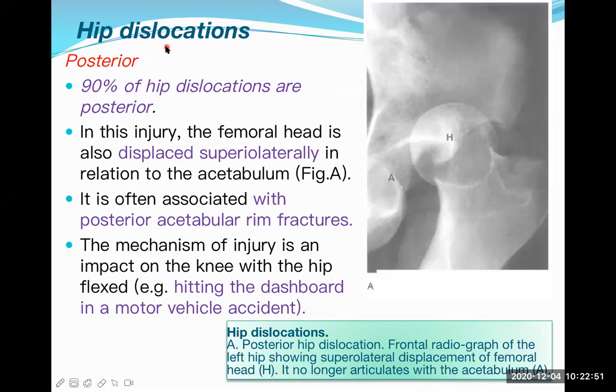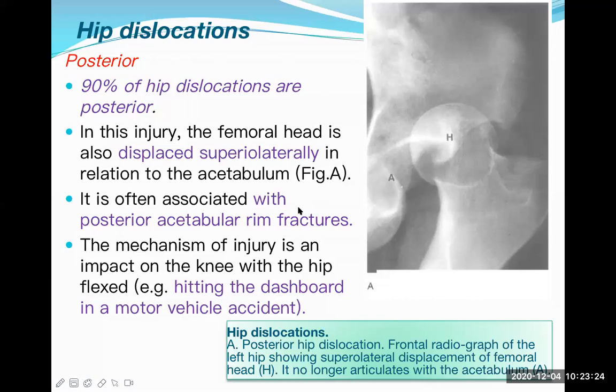This is the way we identify it. That's what I'm explaining right now. So 90% of the hip dislocations are posterior. Sometimes, according to different textbooks, this percentage may vary, but just remember, posterior dislocations of the hip are the most common. In this injury, the head of the femur is displaced superolaterally in relation to the acetabulum, and it goes posteriorly.